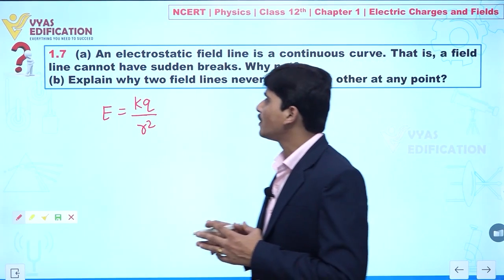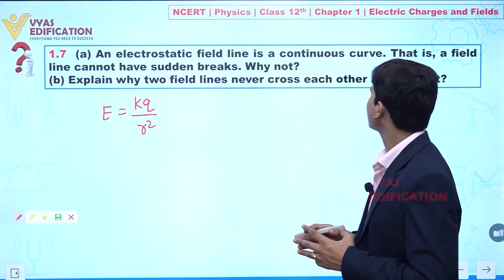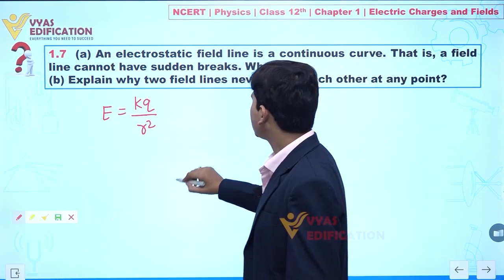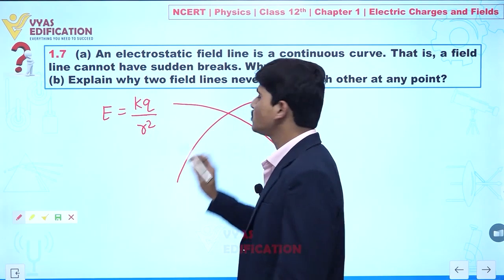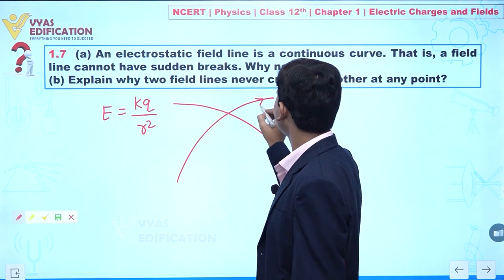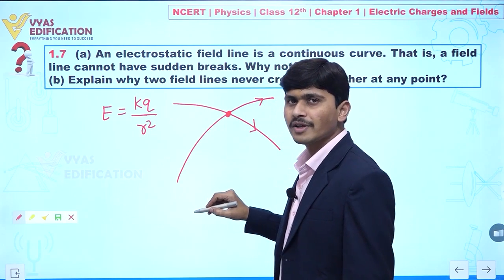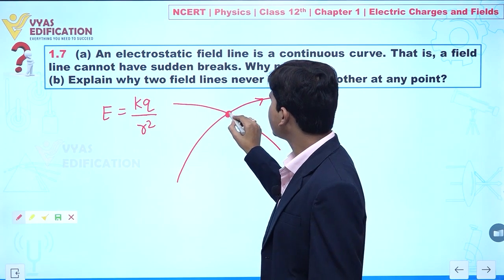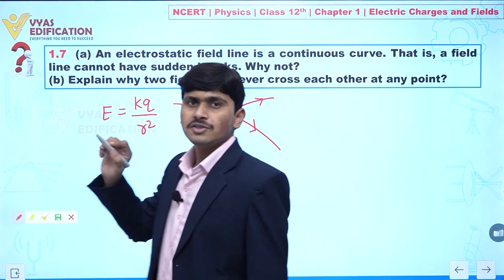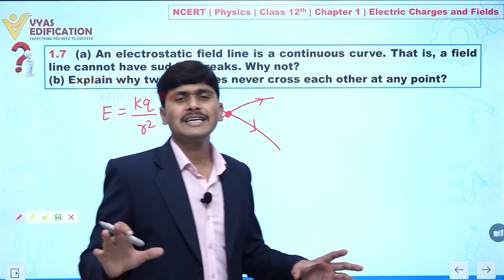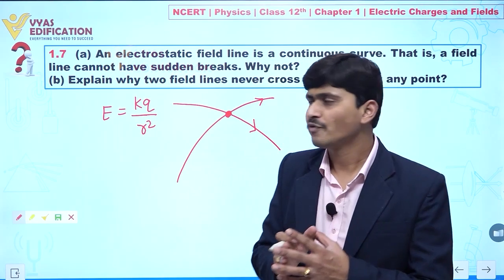Now if we talk about B, why do two field lines never cross each other at any point? Let's suppose we have these two electric field lines, and let's suppose this is the intersecting point. Clear? So electric field lines never intersect at any point. Why?